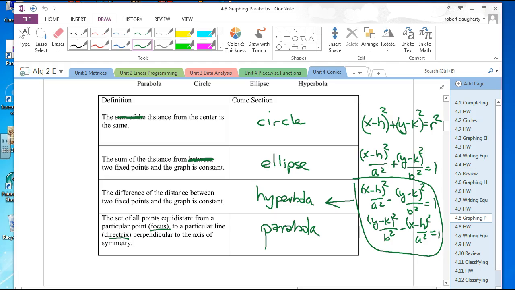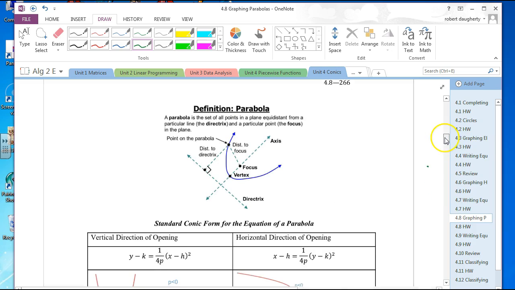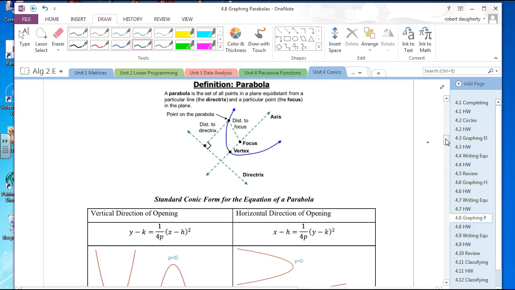Now, let's take it back over here. So, the definition, what we just saw there. We saw a curve, and here's your focus. The distance from the focus to the curve and the curve to the directrix, those things are always equal.